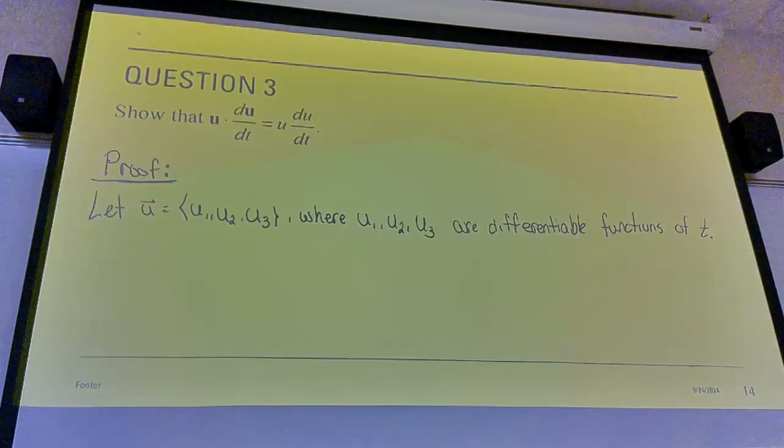Then what does the magnitude of u equal? The square root of u1 squared plus u2 squared plus u3 squared. What is d|u|/dt?